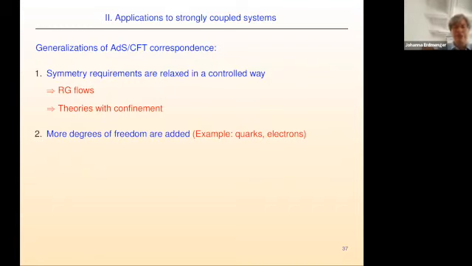It's a gauge theory, but then we have 4 fermions and 6 scalars. Remember, the 6 scalars came from the fact that they correspond to the 6 dimensions transverse to the D3 branes, so they have this geometrical meaning. So this is the field content of this theory: one gauge field, 4 fermions, and 6 scalars.